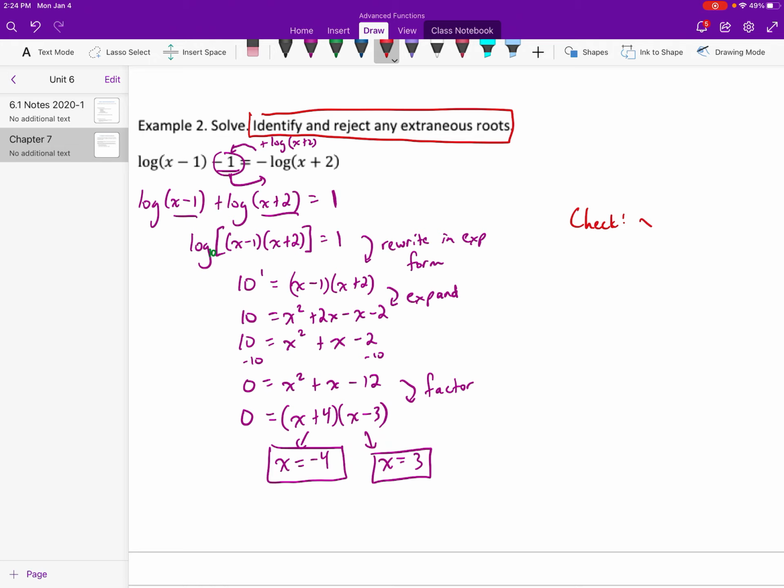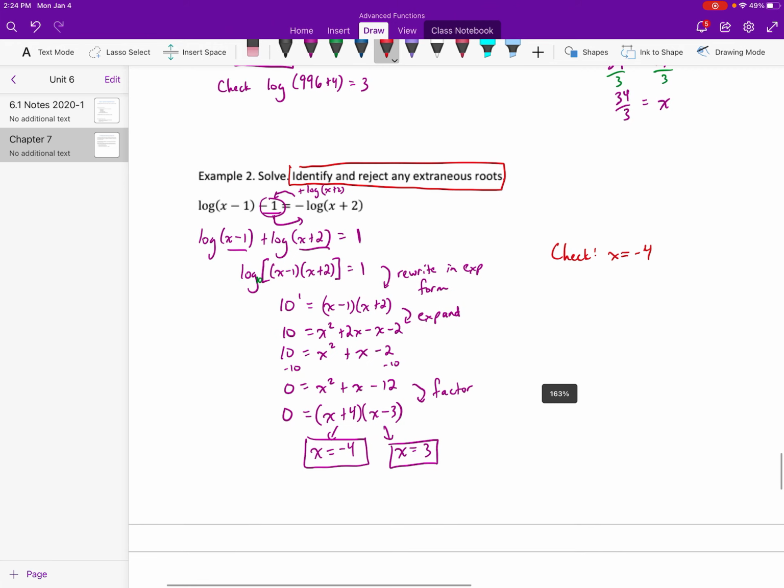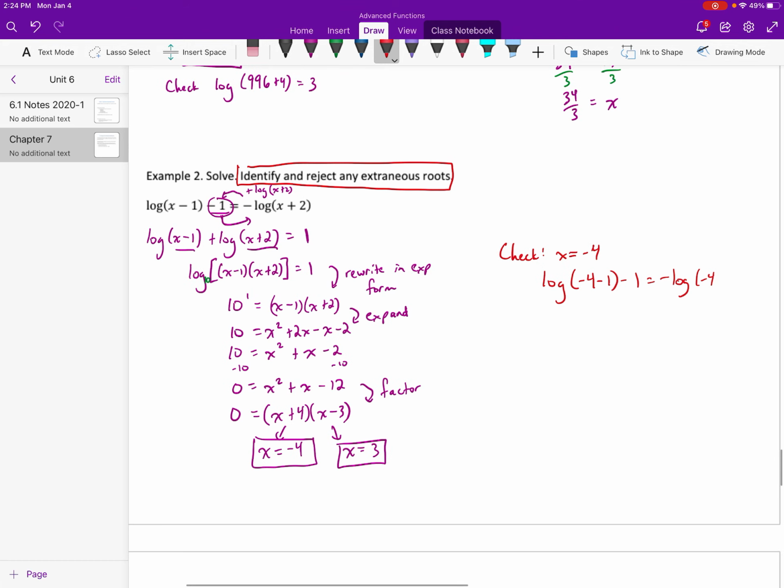So if you plug in x equals -4 into the original equation, you get log of -4 minus 1 equals negative log of -4 plus 2. Log of -4 minus 1 is log of -5, minus 1, equals negative log of -4 plus 2, which is positive 2.